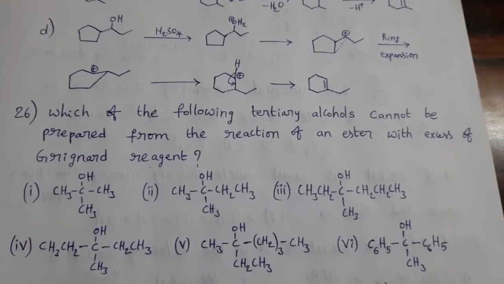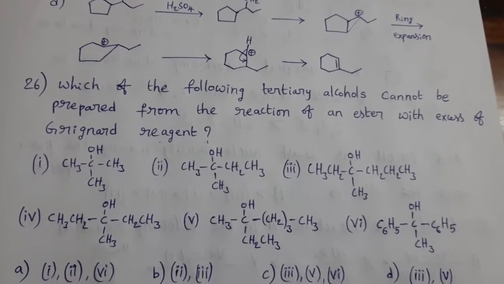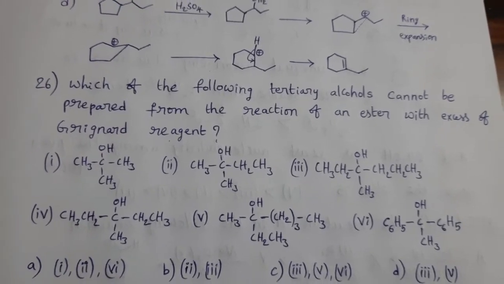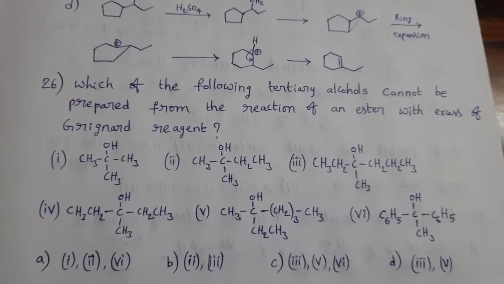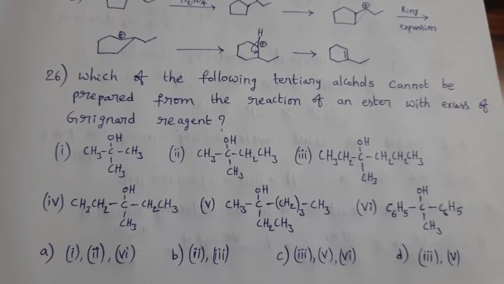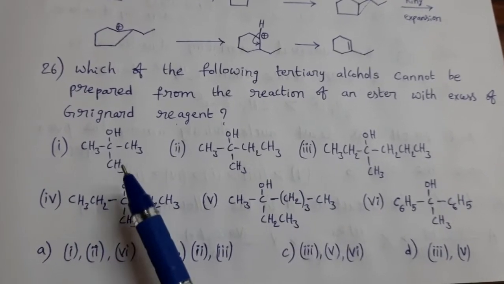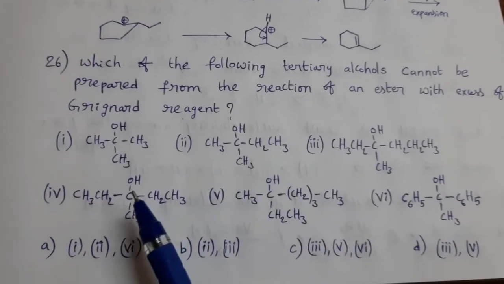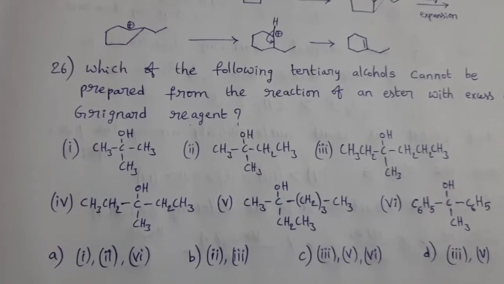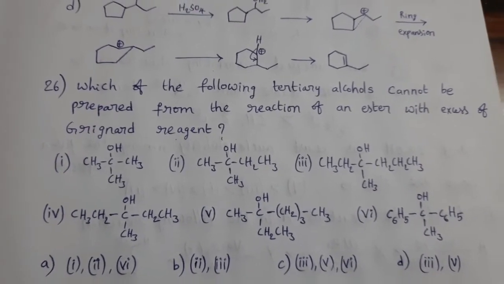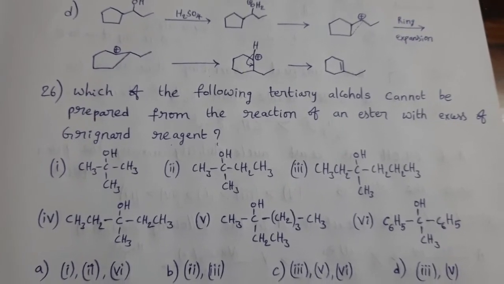Which of the following tertiary alcohols cannot be prepared from the reaction of an ester with excess of Grignard reagent? Ester reacts with excess of Grignard reagent, then we can get tertiary alcohol. Now, here 6 compounds are given, 1, 2, 3, 4, 5, 6. In these 6 compounds, which compound cannot be prepared by the reaction of ester with excess of Grignard reagent?